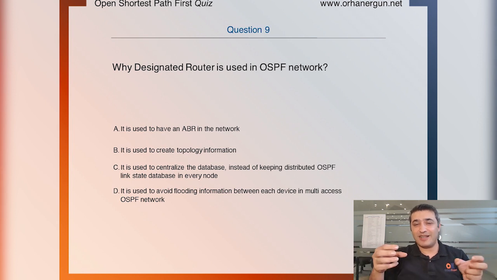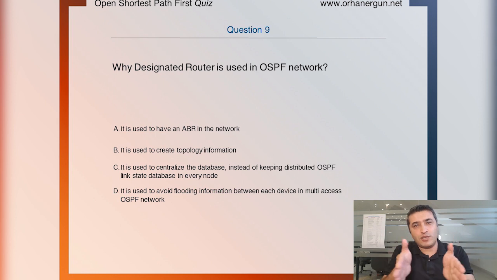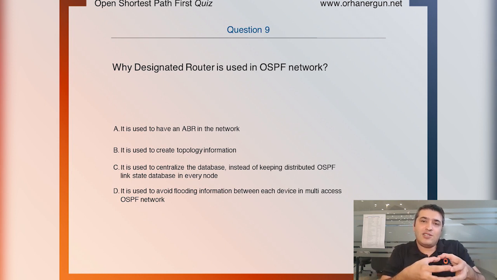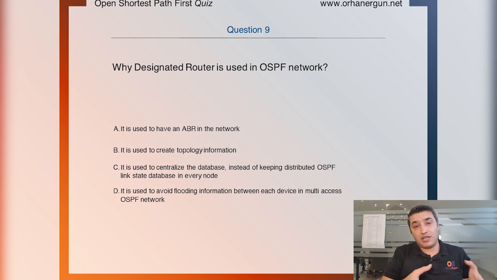So even if you have a multi-area OSPF design, up to the ABR we have this topology information. The ABR just stops and doesn't send the topology information between the areas, but you still have inside each and every area, for that area, topology information on each and every router. That's why option B is wrong as well. Next slide.